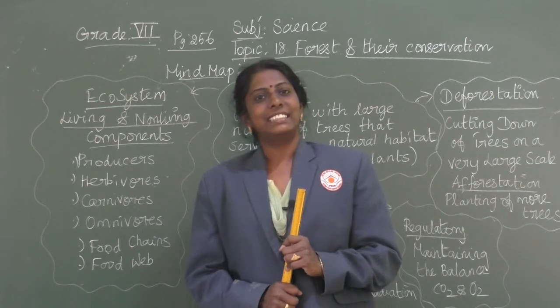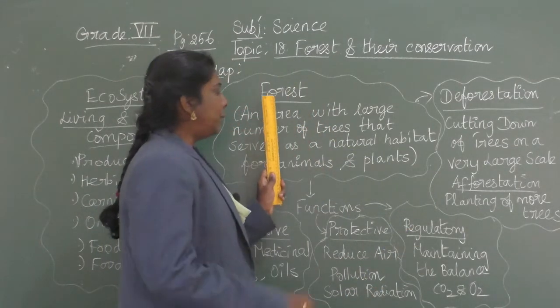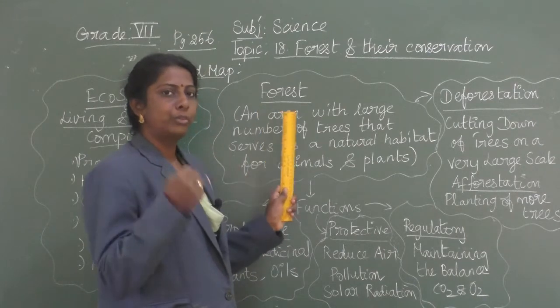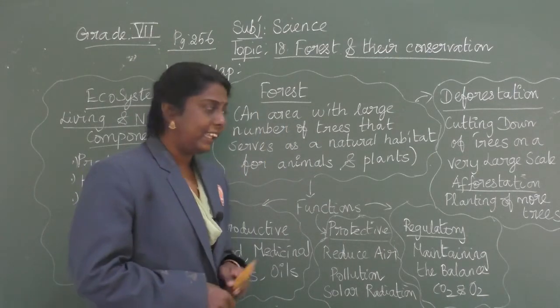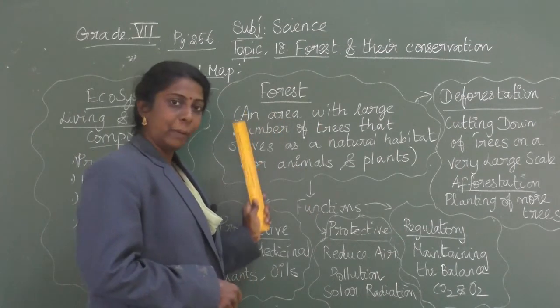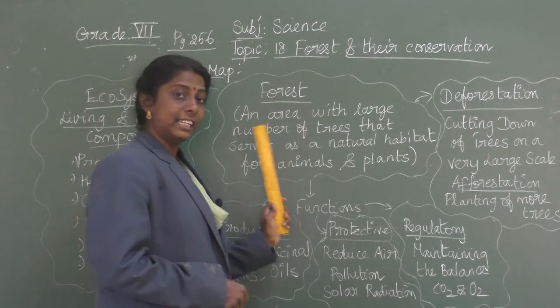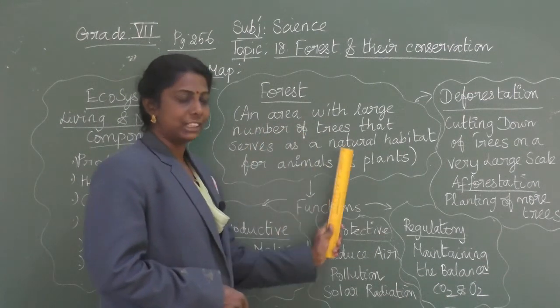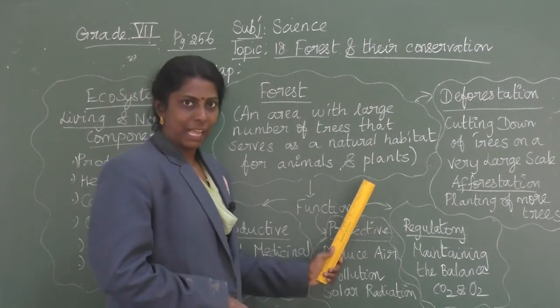Children, now let's learn a mind map for this chapter. So the mind map here is about forest. As I said, forest is an area with a large number of trees that serves as a natural habitat for animals and plants.